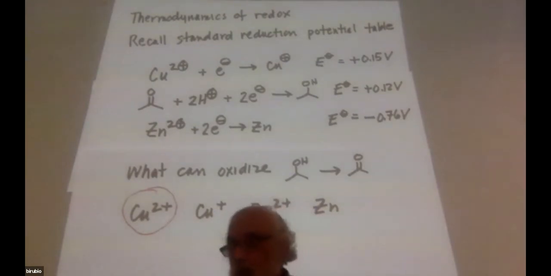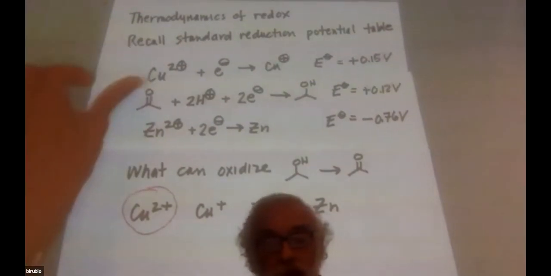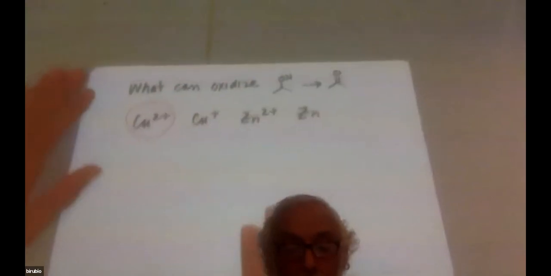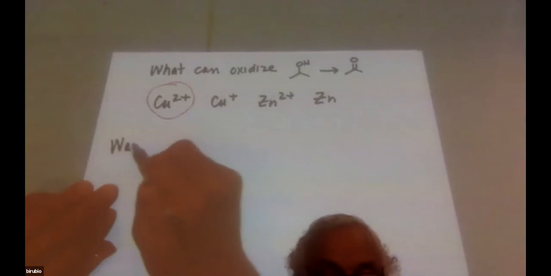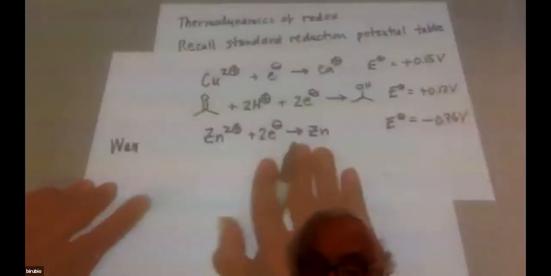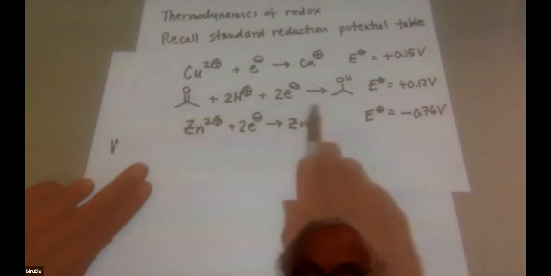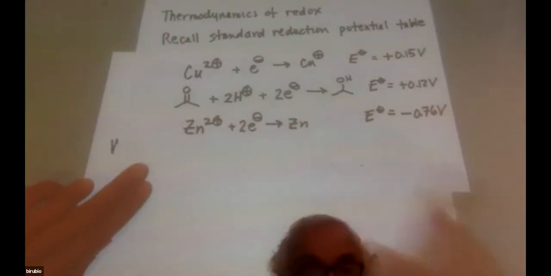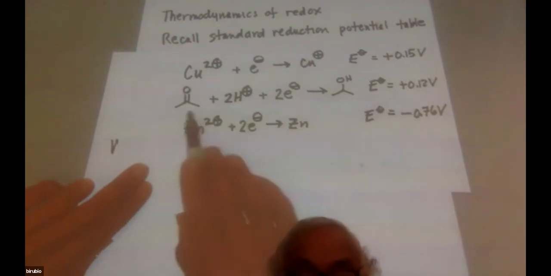Okay, so let's go through and explain how we came up with that. See this reaction here? This says the ketone is the starting material and the alcohol is the product. That's not what we want. We want the reverse. We want the alcohol as the starting material, and the ketone as the product, right?